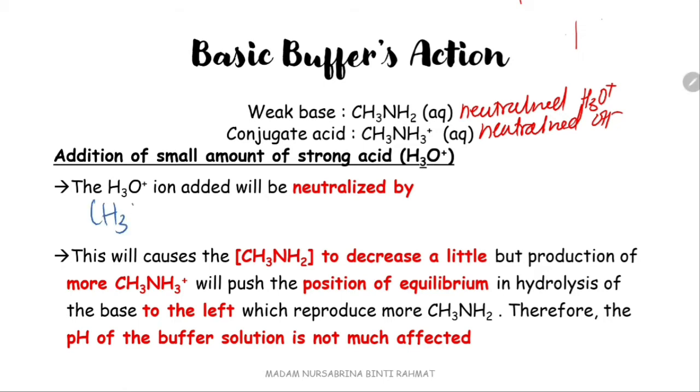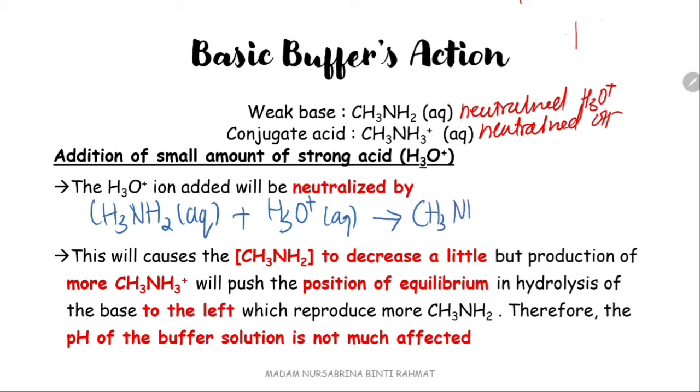So let's write down the neutralization reaction that happens between our weak base and the added acid. It's a complete reaction which produces our conjugate acid plus water as the final product. As you can see, we are increasing the concentration of our conjugate acid and decreasing the concentration of our weak base.